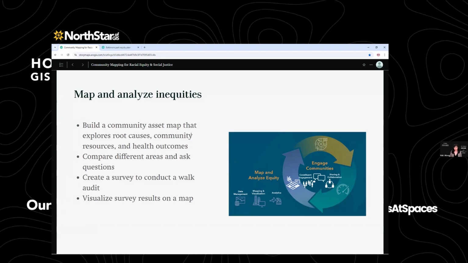So an asset could be anything that's a resource, like a school or a green space. It can be a strengthening characteristic in a community, like cohesion and resilience. And by taking stock of where there are opportunities and also areas of need, you can really visualize and see where there might be some solutions that can best serve the community.